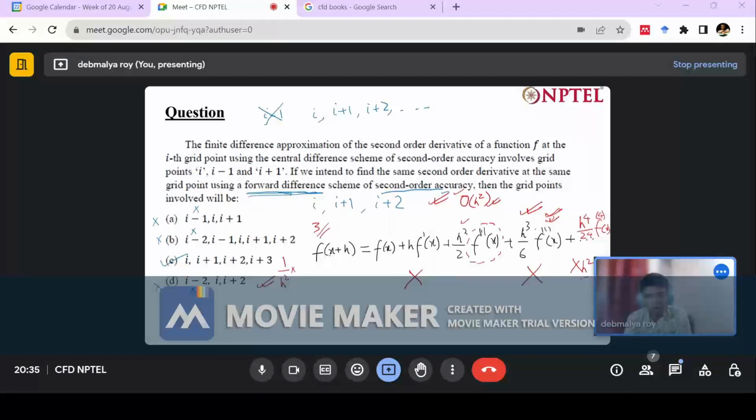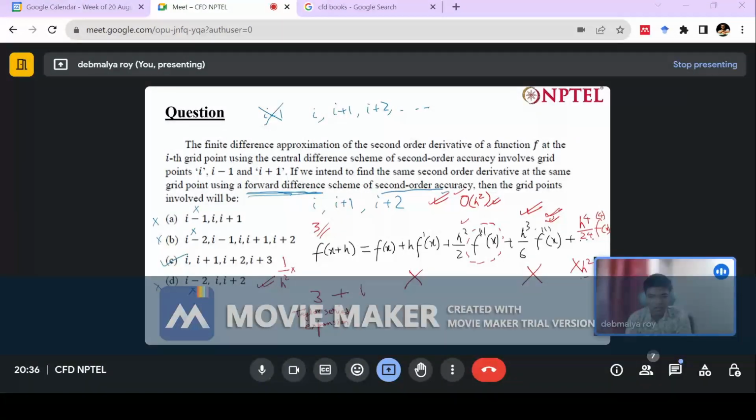So how many points will I need? I will need these 3 points on which I am performing the Taylor series expansion. These are the points where I am performing the Taylor series expansion. And I need f of x itself, right? At that point, that point should definitely be there in my expression.